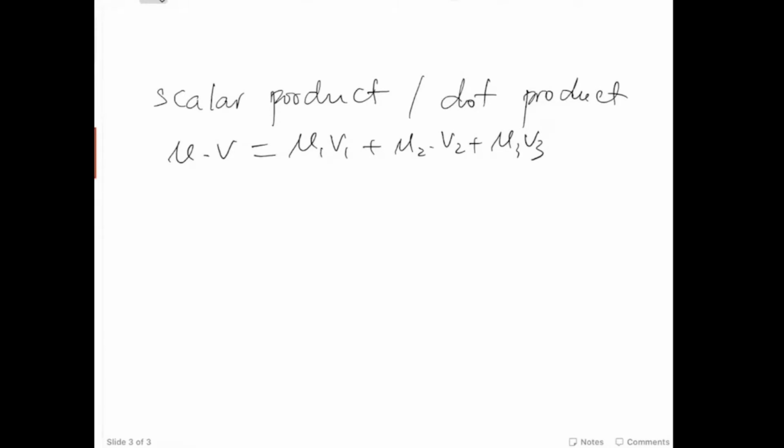In other ways, this can also be represented as the modulus of u times the modulus of v times the cosine of theta, theta being the angle between v and u.